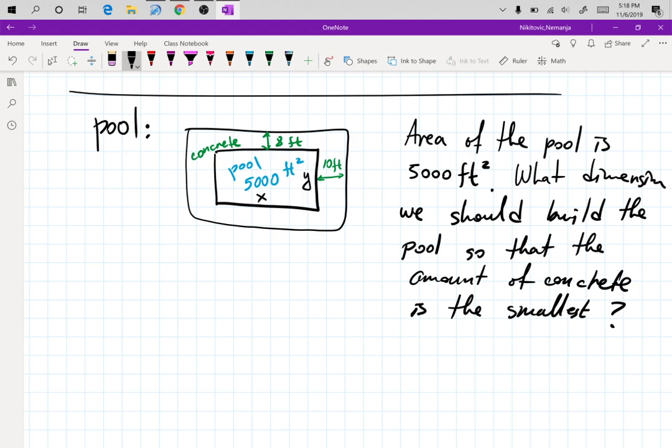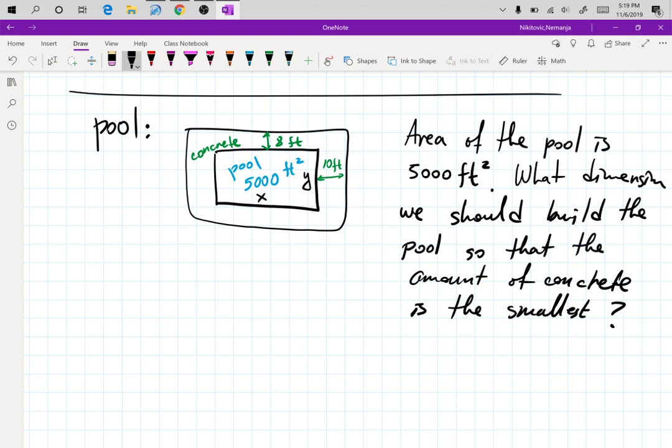Well, we'll see where the math takes us, but we know that the pool is going to have 8 feet of concrete from one end, 10 feet of concrete from the other end, but then the dimensions of the pool will govern the lengths of X and Y, in which case we can end up having a huge lengthwise area of concrete, right?